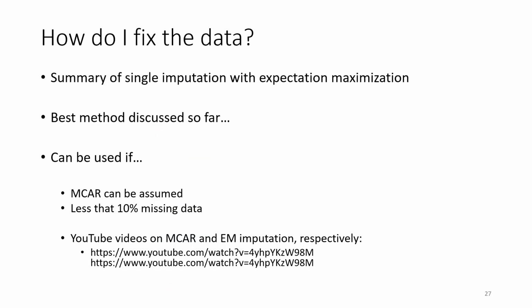So at this point, we've talked about three different methods for treating missing data. And I just want to say that the best of the three that we've talked about at this point is single imputation using the expectation maximization approach to estimating missing data values.